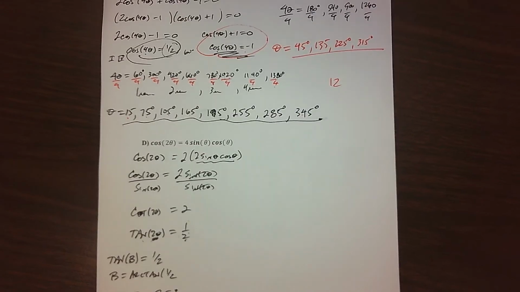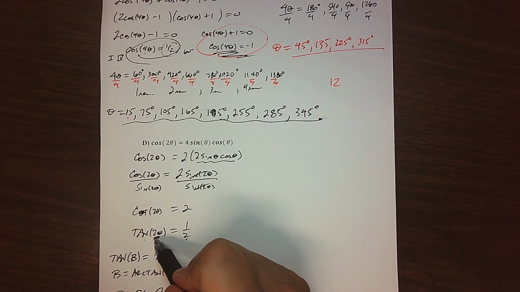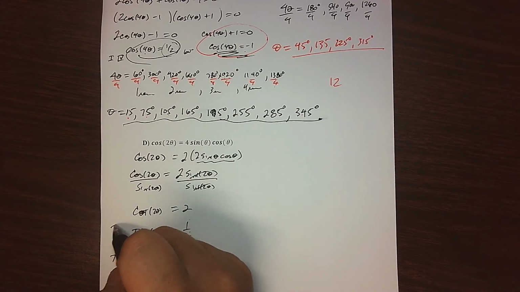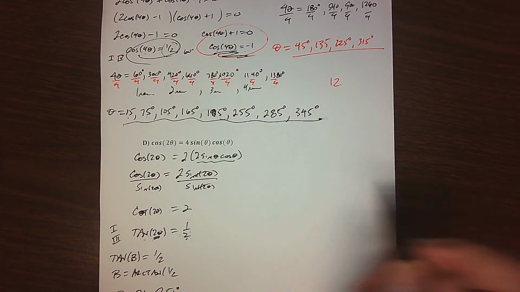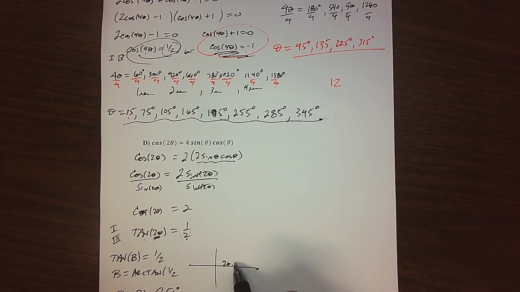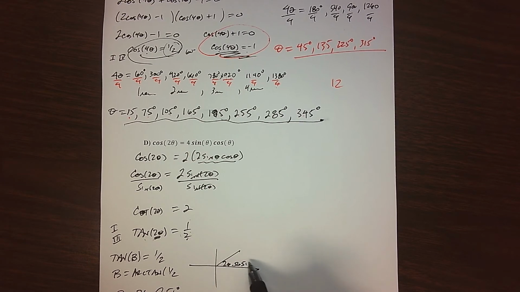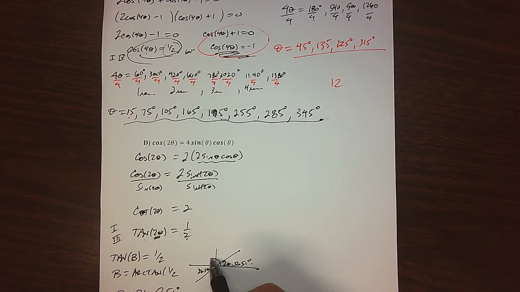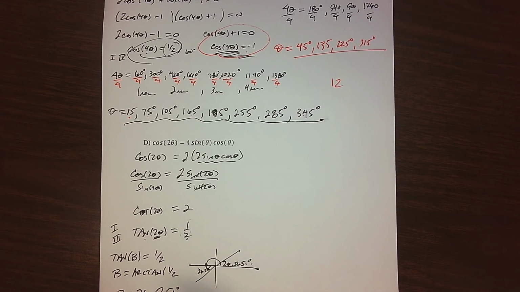And so what we can basically do, tangent is positive, we know, in quadrant 1 and in quadrant 3. So that means I have a 26.5651 degree reference angle here, which means I have a 26.5651 reference angle in quad 3. So the other beta that we need would be 180 plus that.